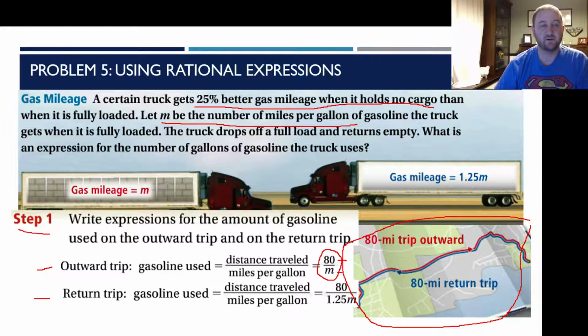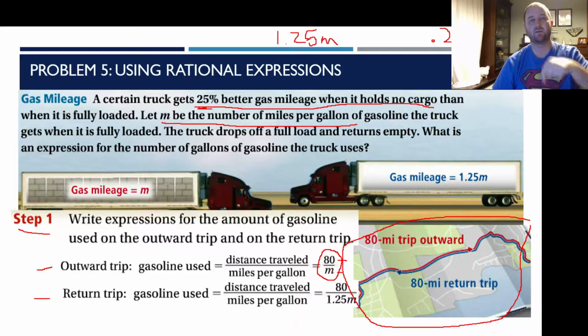Now on the return trip, it gets better miles per gallon. Okay, it's 25% better gas mileage. So if it's 25% better gas mileage, you don't do 0.25 times M, right? That's a fourth of the gas mileage. That's not better. We want 1.25 M to show that it's getting more.